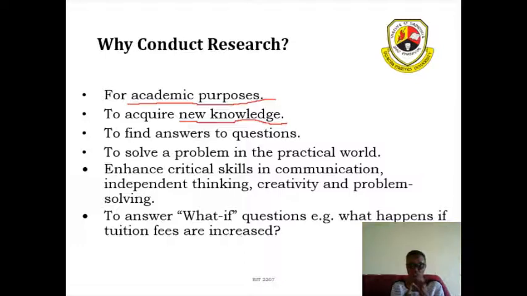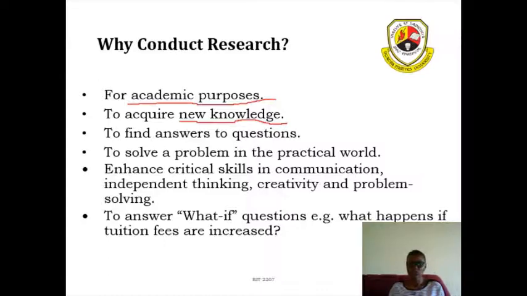It could be knowledge in your research area. It could be new knowledge in research skills. So I would take the second point really as an important part. Finding answers, like we said, research is about identifying a problem and setting forward a path, a certain objective, and saying, I'm going to use these methods to achieve this objective, to improve something. So, finding answers to questions.